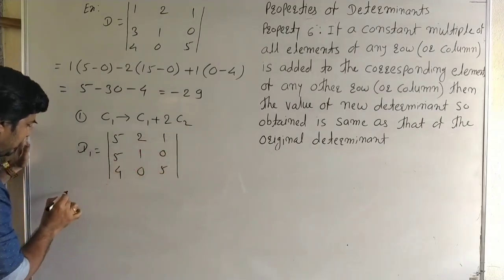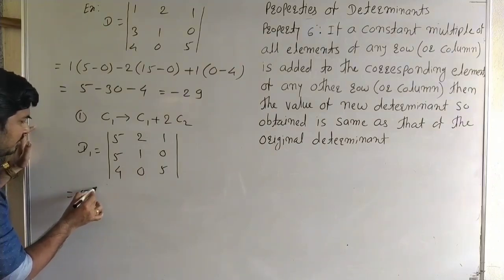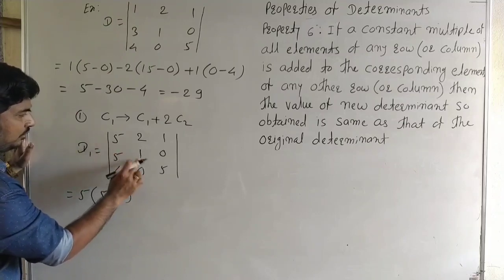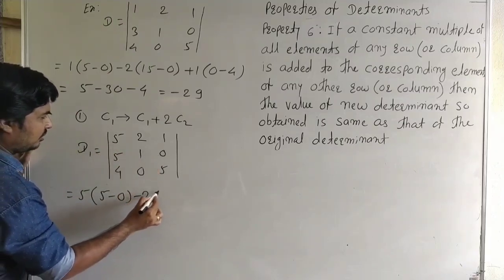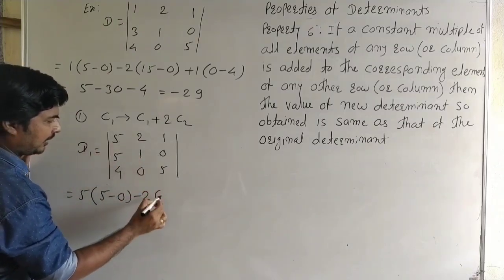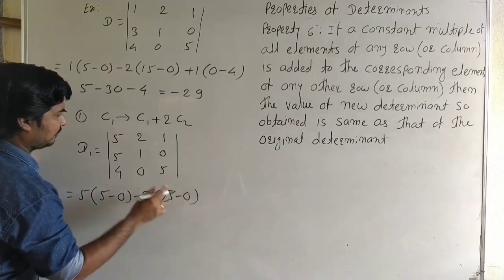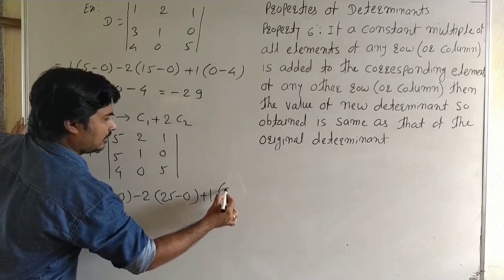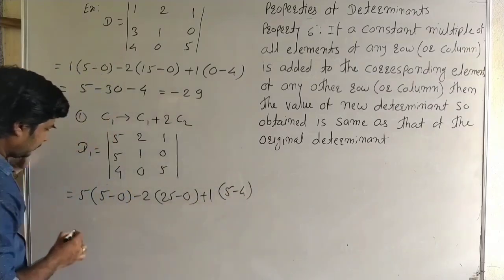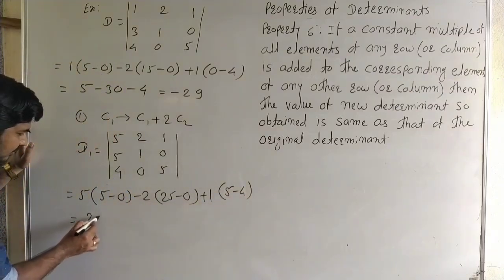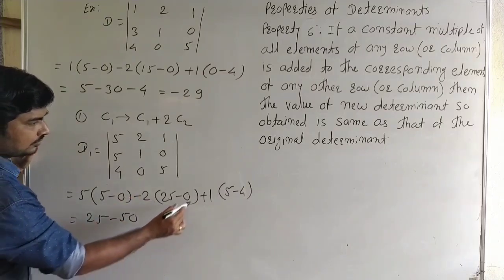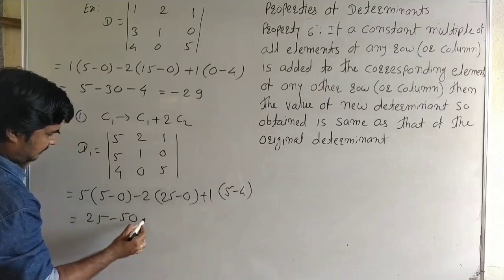Now we calculate this. It is 5 into 5 minus 0. Minus 2 into 25 minus 0. And here it is plus 1 into 5 minus 4. Now it is 25, it is minus 50, and here it is 1.